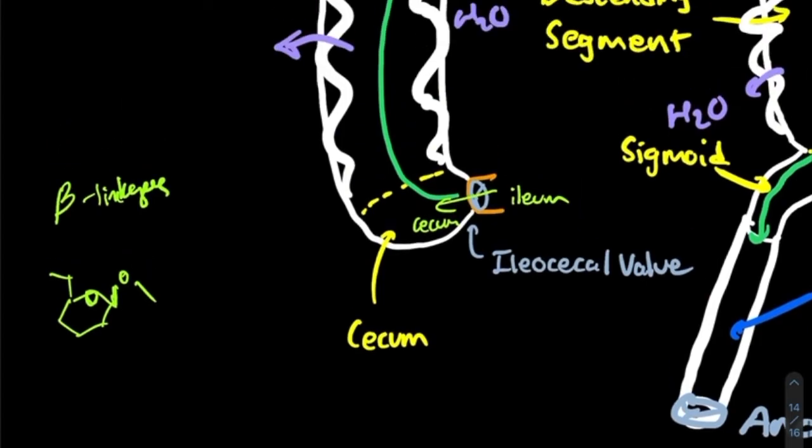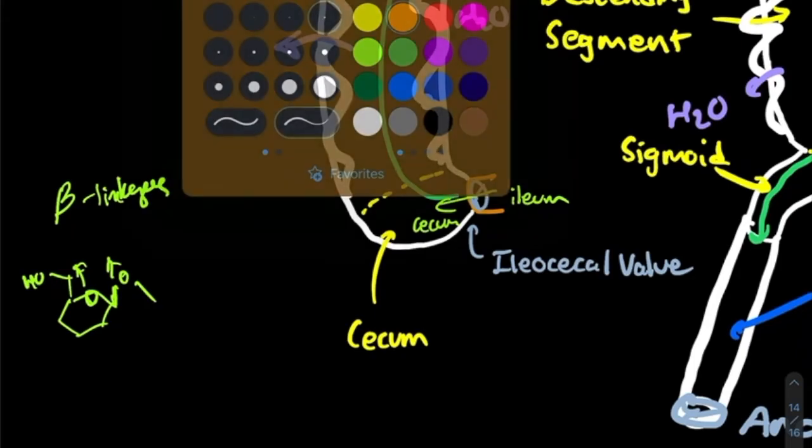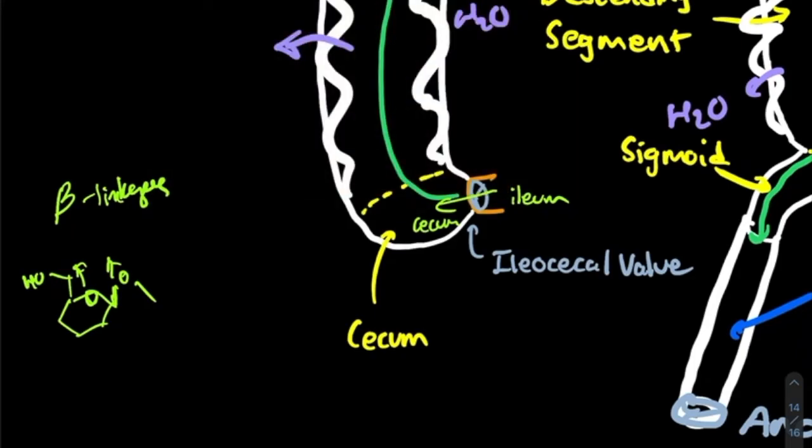And typically, because both of these sides are pointing up, your oxygen from your bond is going up, as well as your anomeric carbon over here and your OH from back over there, which is the remaining little leg of your sugar. This is a beta form, and our body is not able to digest this beta form of sugars. We can only digest the alpha form, which is when we have this opposite arrangement where one side is going up and the other side is going down.